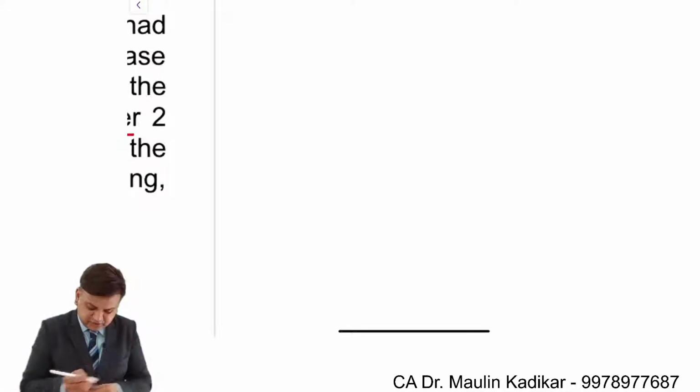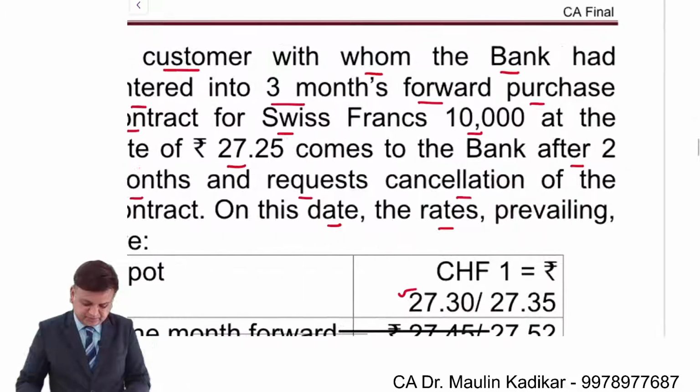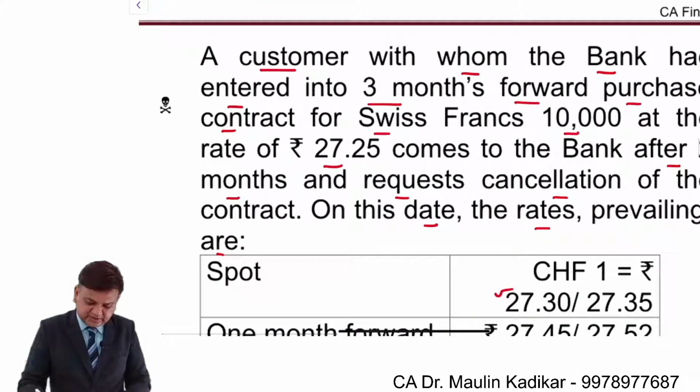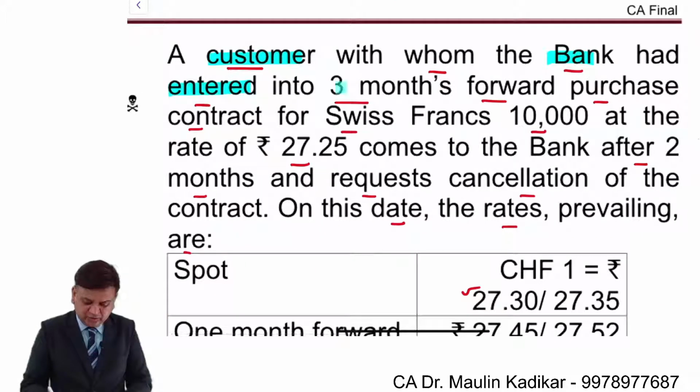Let us assume that today's date is 1st of March. The question says that a customer with whom the bank had entered into a 3 months forward purchase contract for Swiss franc.